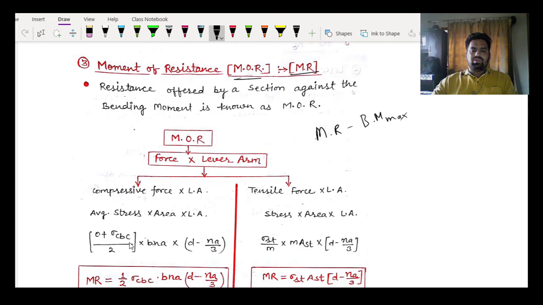It comes from the name itself, moment of resistance. MOR is equal to force into lever arm. There are two forces, one compressive force and another tensile force, so you have to calculate on both sides.